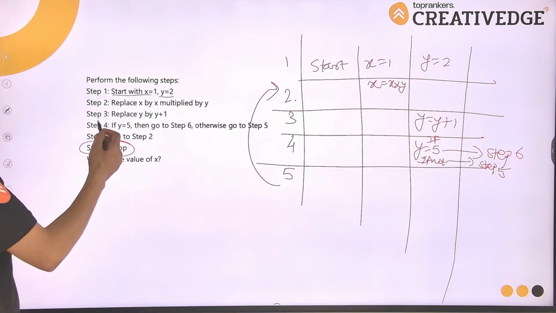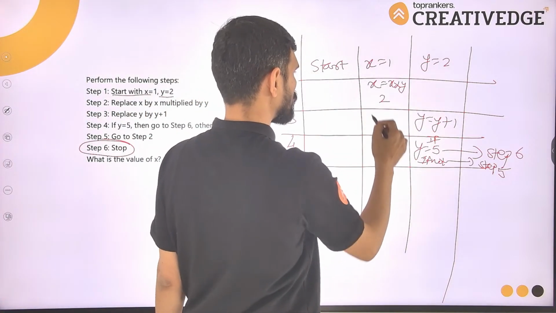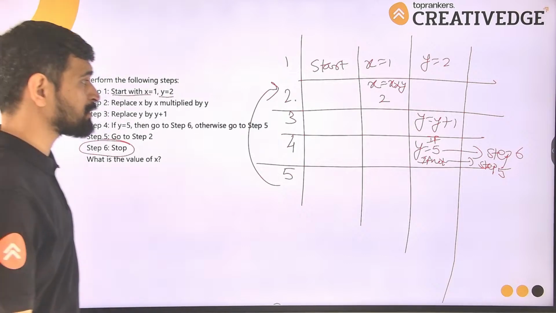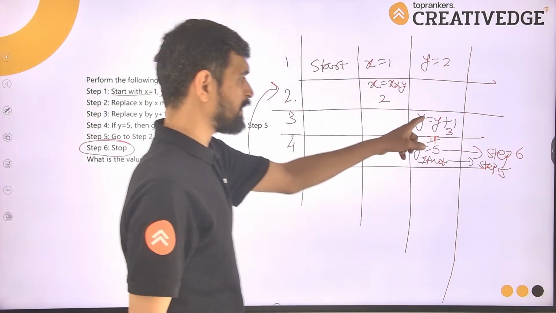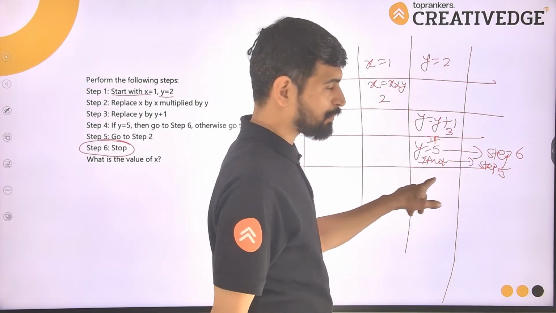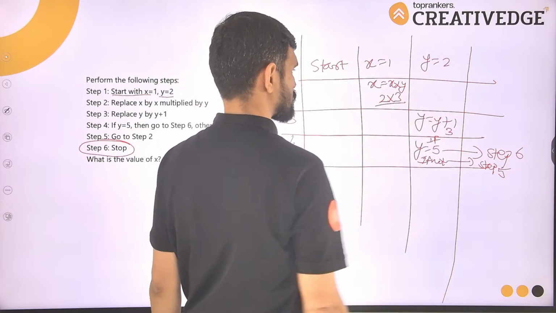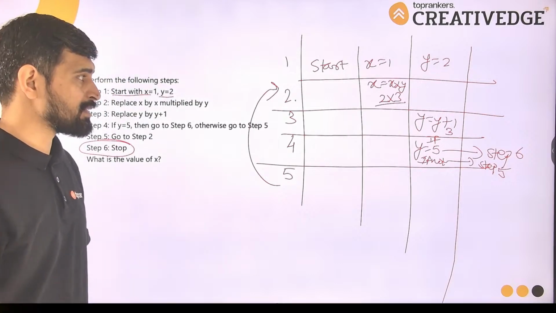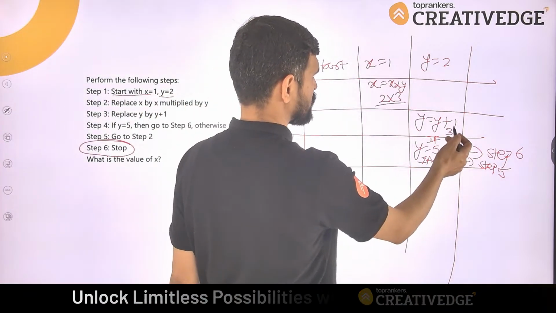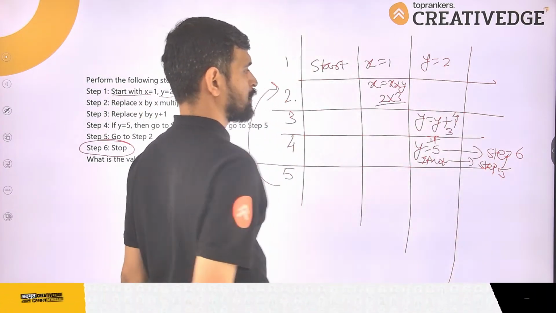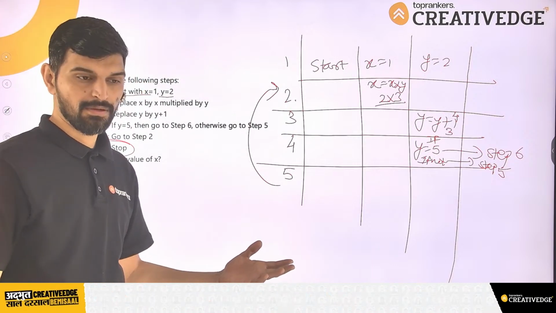So let's start with x equal to 1, so step 2 will make it 2. Step 3 will have y equal to 3. Then, is y equal to 5? No. We'll come back to step 2. Now 2 into 3 will become 6. X is 6, y is replaced by y plus 1, that is 3 plus 1, which is 4.